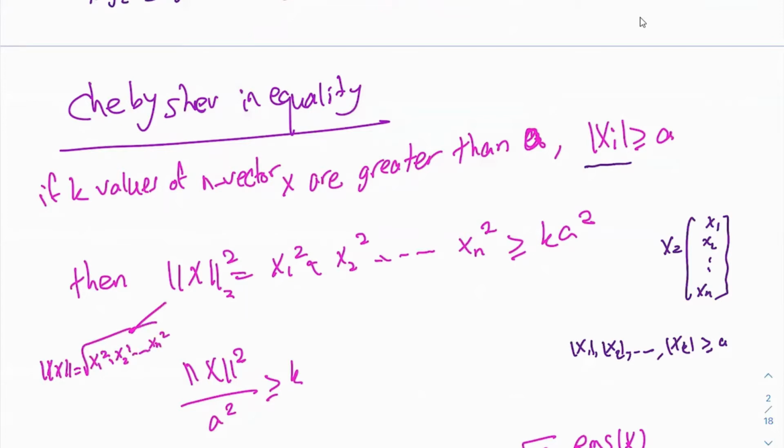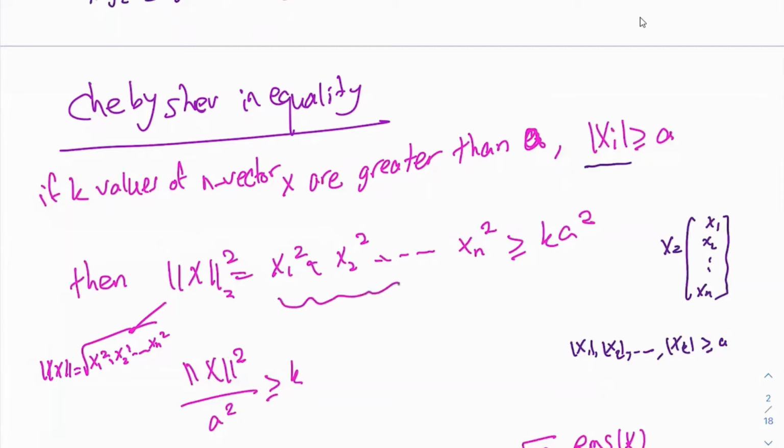So now the L2 norm square becomes x1 square plus x2 square all the way to xn square. But now wait, for the first k terms, let's say the first, any k, but since it's symmetric, I'm going to choose the first k for simplicity. The first k have an absolute value greater than the number a.